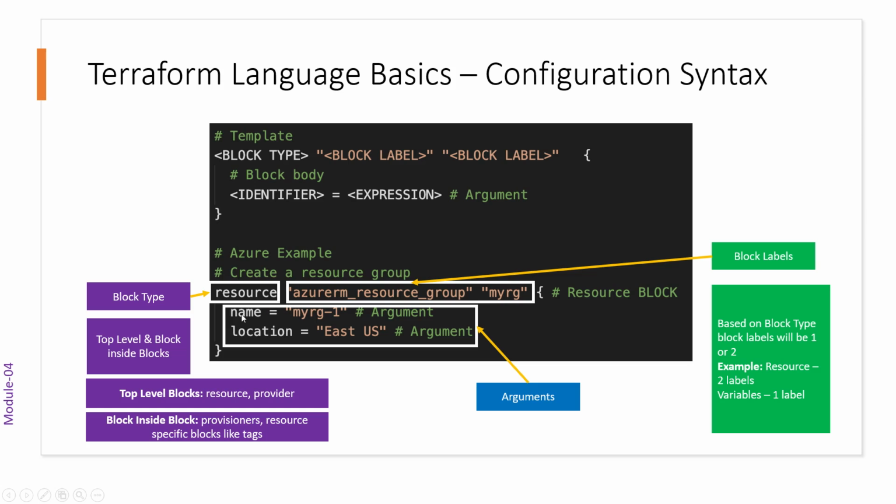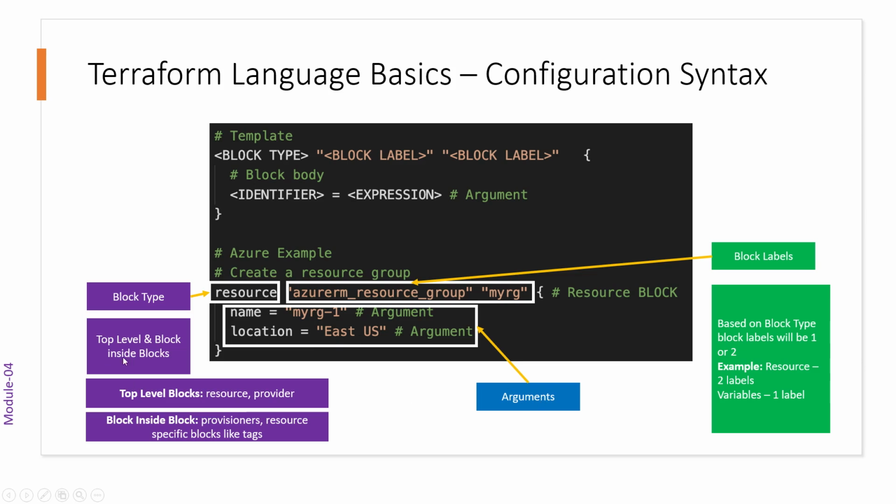In a simple way, this name is the identifier and this value is the expression. The same goes for the second one. All together is known as an argument. I hope this is clear, team.